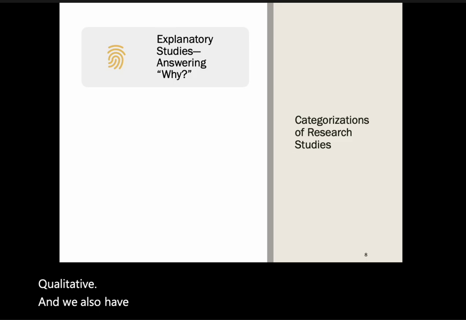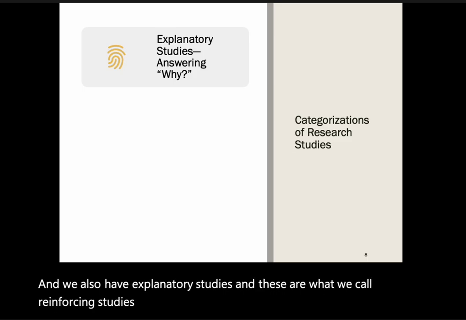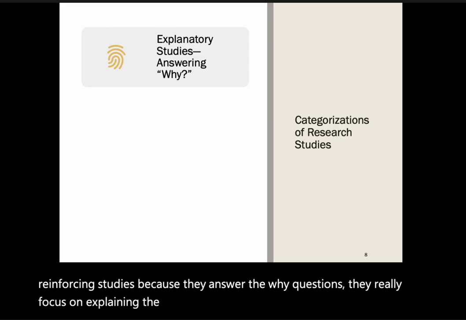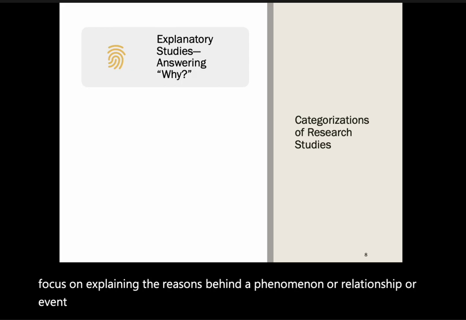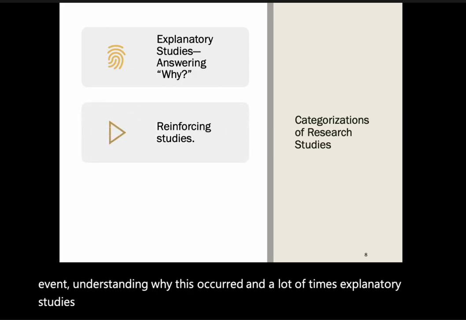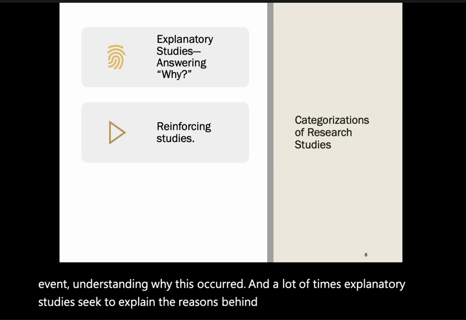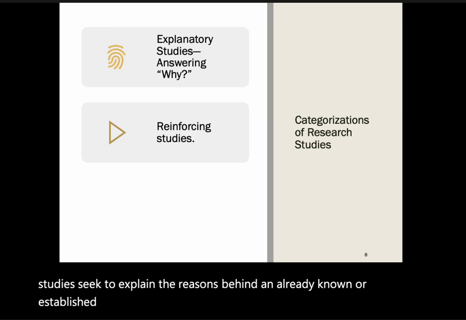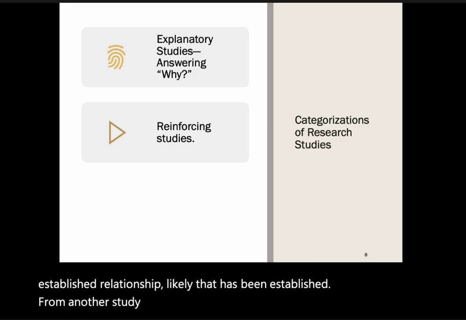And we also have explanatory studies, and these are what we call reinforcing studies because they answer the why questions. They really focus on explaining the reasons behind a phenomenon, a relationship, or event, understanding why this occurred. And a lot of times, explanatory studies seek to explain the reasons behind an already known or established relationship, likely that has been established from another study, maybe even a qualitative study.